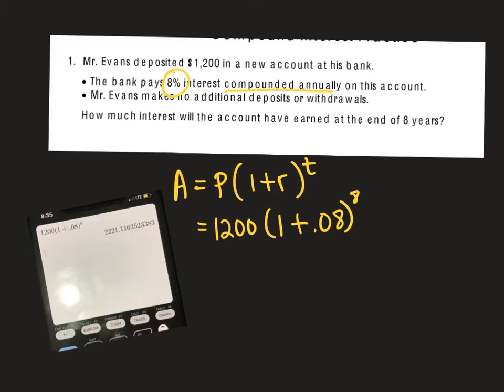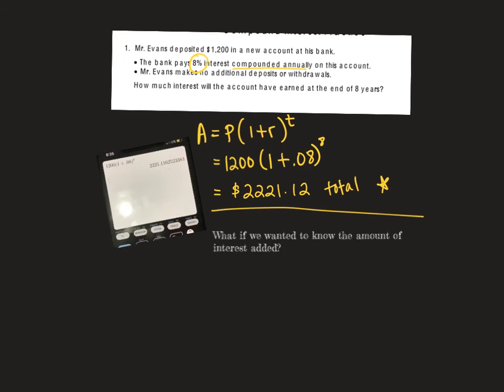Now you should be able to see my calculator screen off to the left-hand side, and you'll see that it gives us an answer of a total amount of $2,221. And if I round that to dollars and cents, that makes it 12 cents. So far, what we figured out is this formula told us the total amount of money that was in the account.